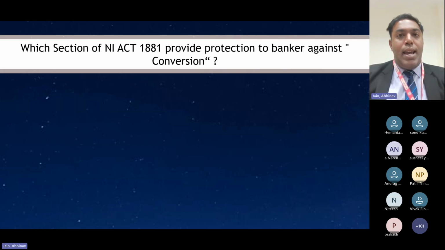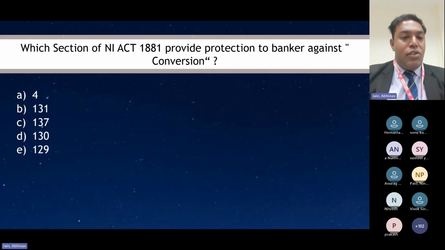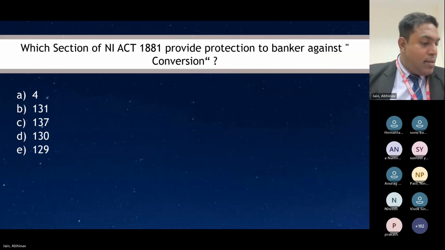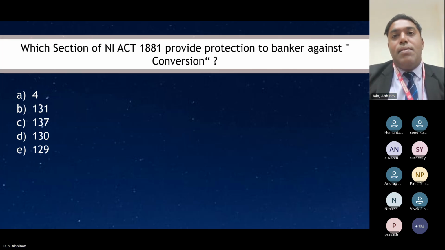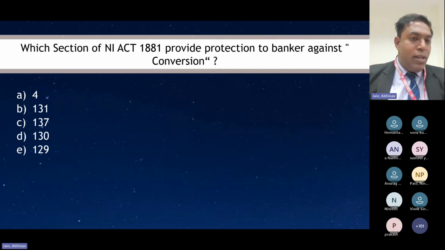Next question. Which section of the NI Act 1881 provides protection to the banker against conversion? Protection to the banker against conversion is defined under which section? Okay, I am receiving a few responses. 131, some are writing C, that is 137.